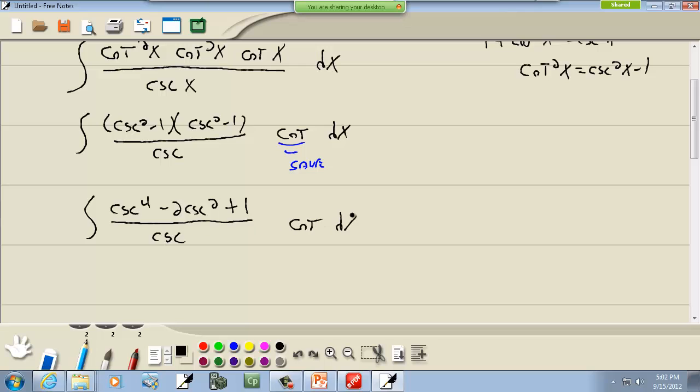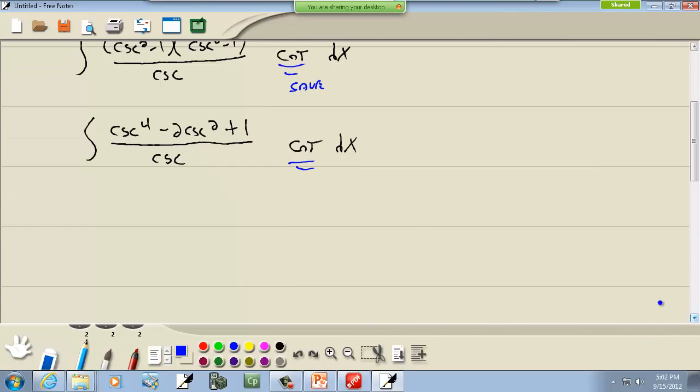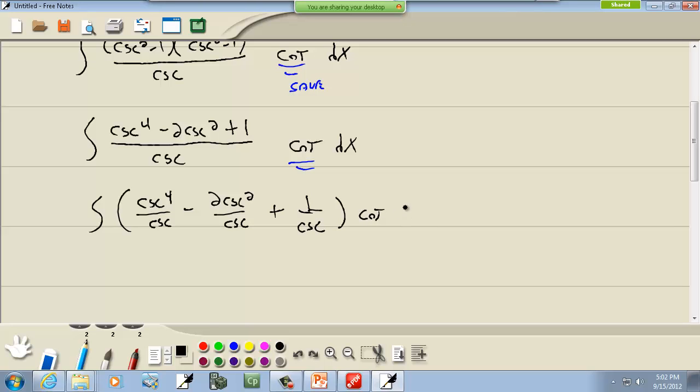And here's our save. Split these into separate fractions. And that becomes cosecant to the 4th over cosecant minus 2 cosecant squared over cosecant plus 1 over cosecant, cotangent dx.